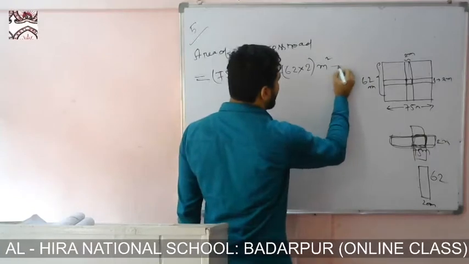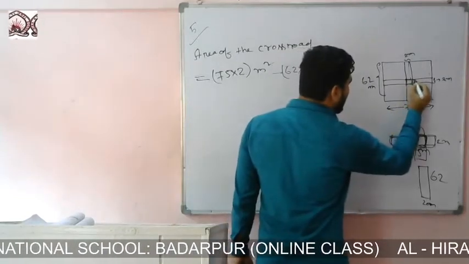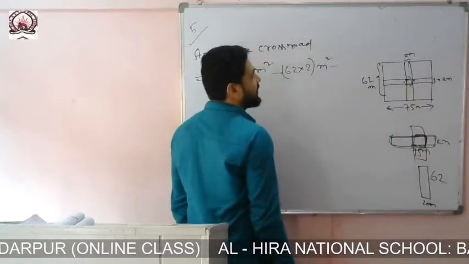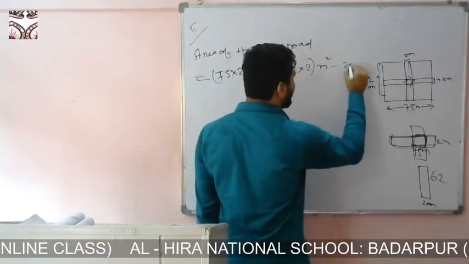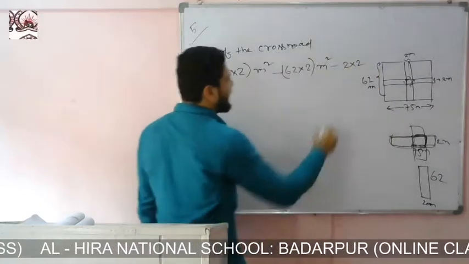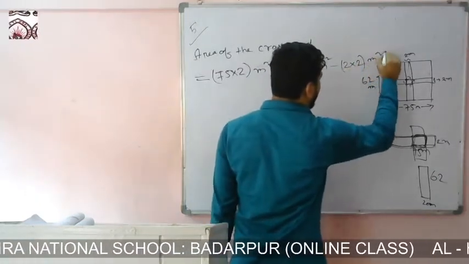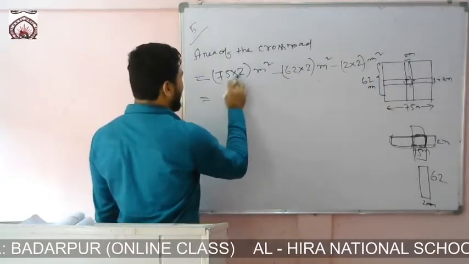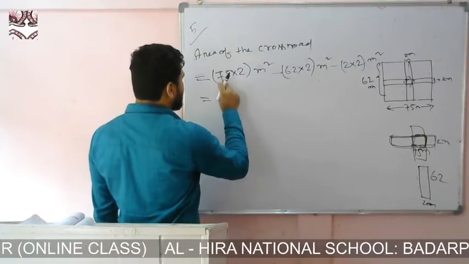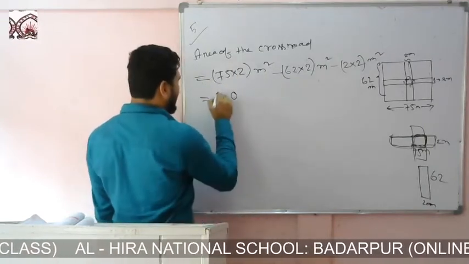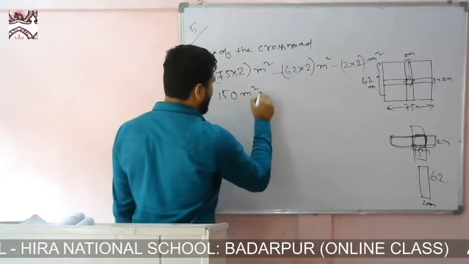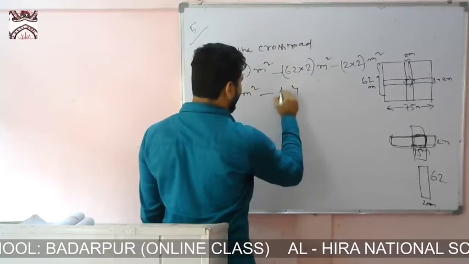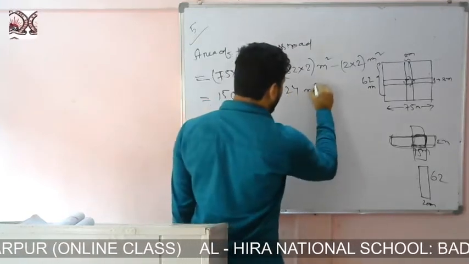So if I subtract, then you see, this is 2, this is also 2, this is also 2, this is also 2. So you can say that this is a square. So you can write length into breadth, that means 2 into 2 meter square. Now we find 75 into 2: 5 twos are 10, 7 twos are 14, and 1 is 15, 150 meter square. 62 into 2: 2 twos are 4, 6 twos are 12, 124 meter square.